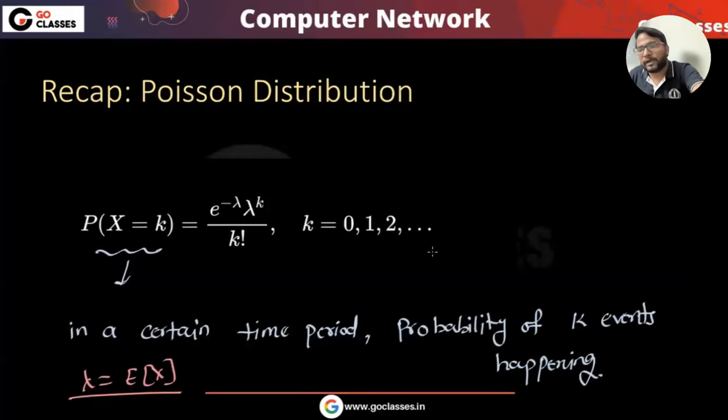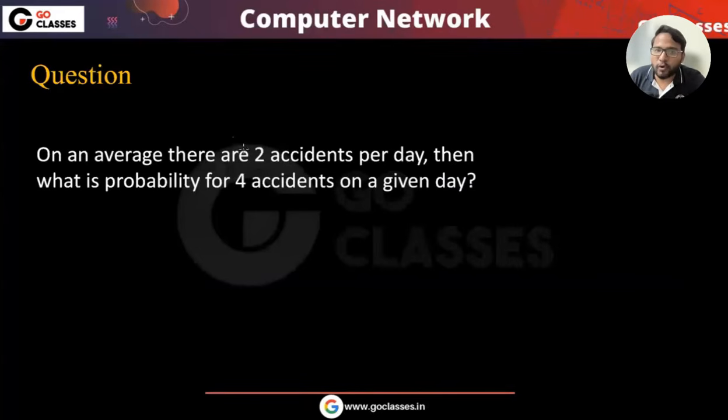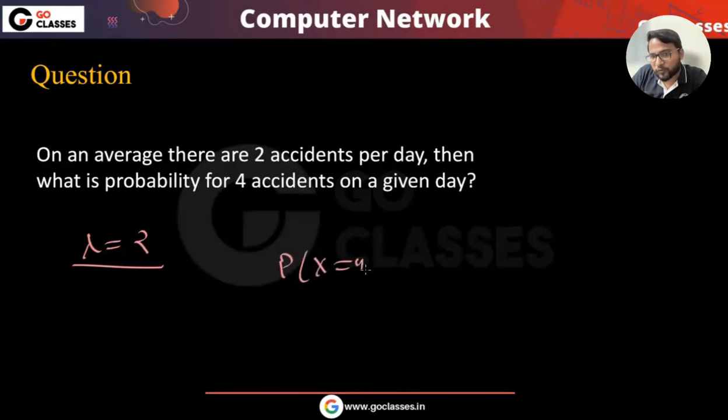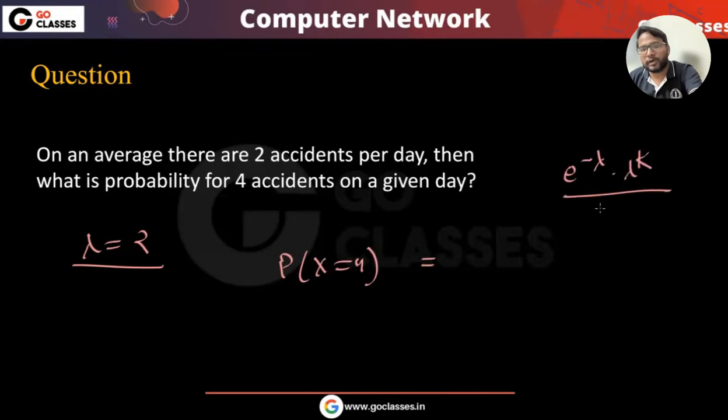For example, I gave you examples also. Suppose on average there are 2 accidents per day, which means lambda is given as 2. Then they ask, what is the probability of 4 accidents in a given day, which means they are asking X equal to 4. Then you can apply the formula, which is e power minus lambda into lambda power K upon K factorial. This is the formula for the Poisson distribution.